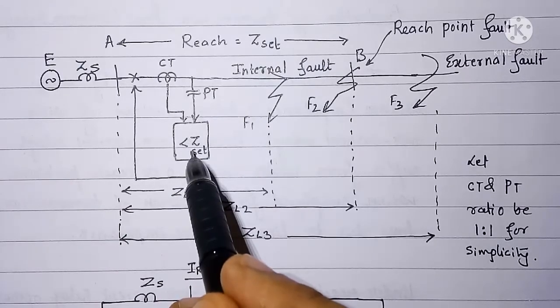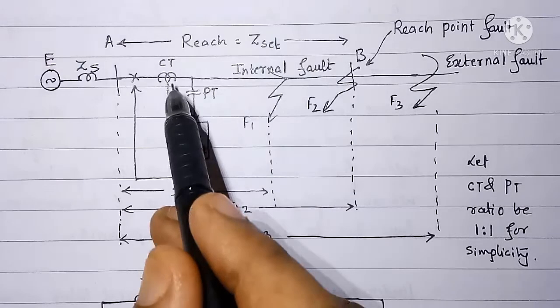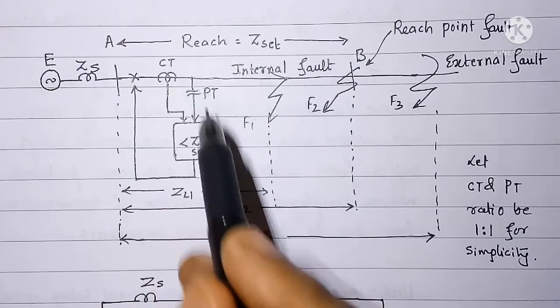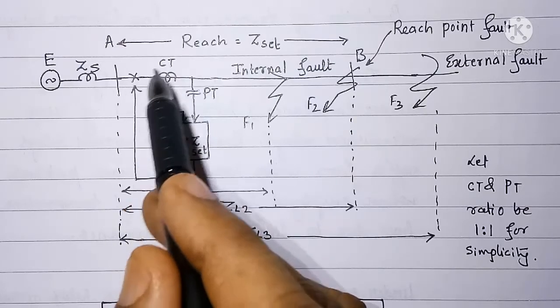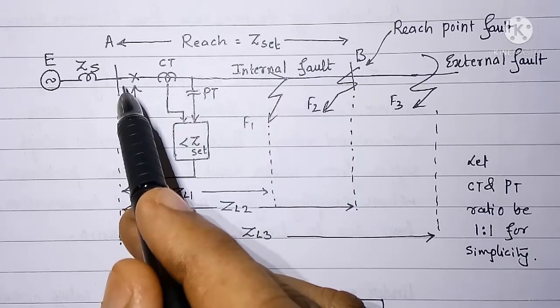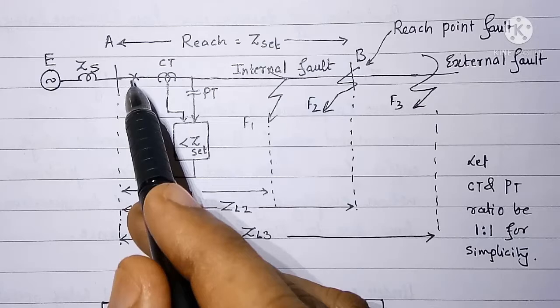The impedance relay will operate only when Z set is more than the impedance calculated using the current measured by the relay and the voltage measured by the relay at the relay point. Since here the CT, PT and circuit breaker are placed very close to bus A, we can say bus A is the relay point.